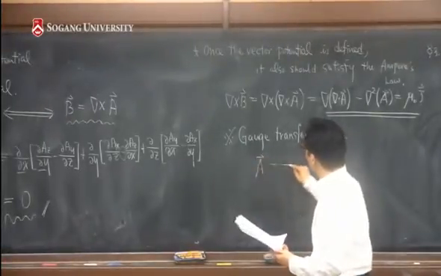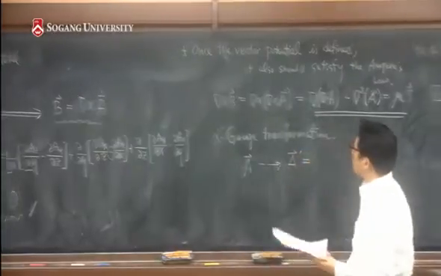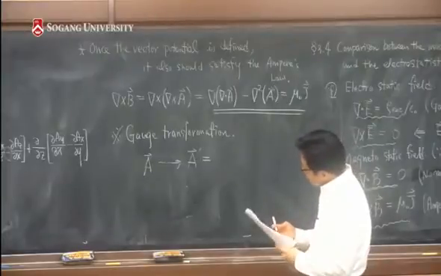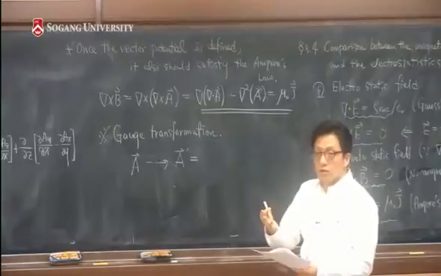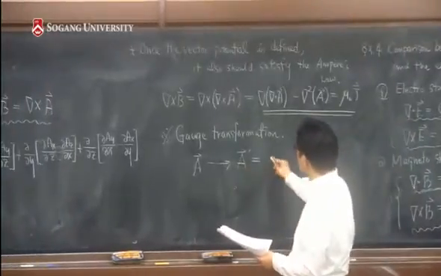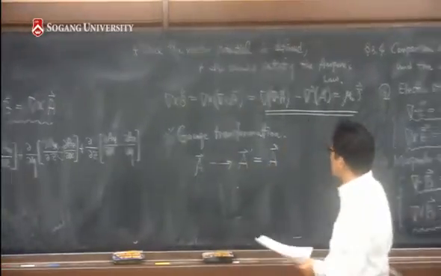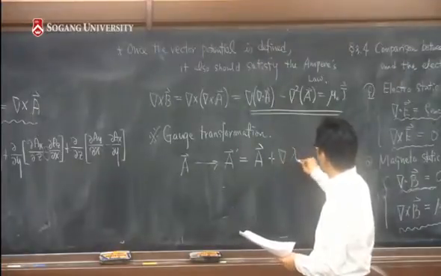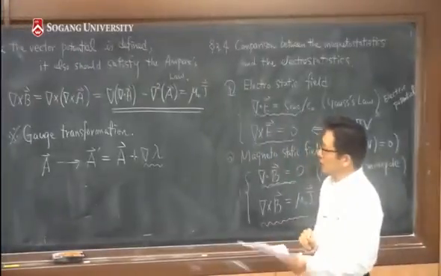It can be transformed to another vector potential without changing the shape of the magnetic field in the space, and it takes the form of the original vector potential plus a gauge term, which is a gradient of a certain arbitrary scalar function. Okay.